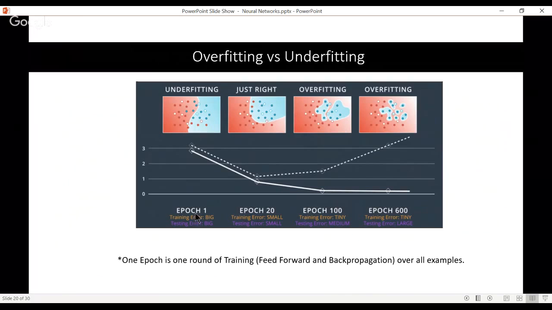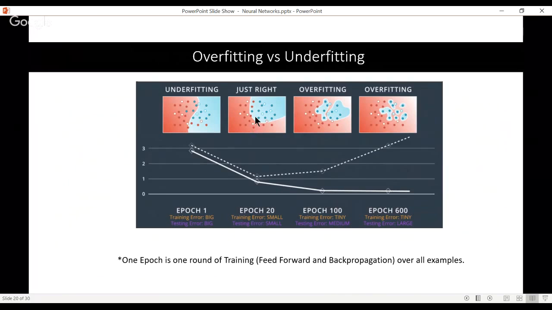If the training error is big, obviously you don't want a neural network with high training error. Even if you test it, it will have a high testing error. It might have a lower error than the training error, but it's not good enough if it has high training error.